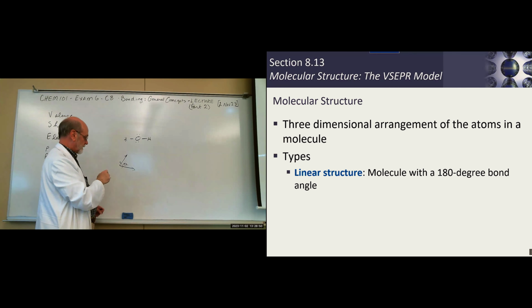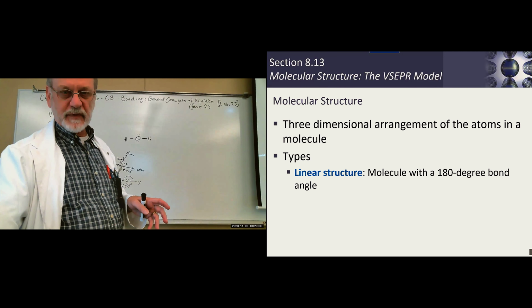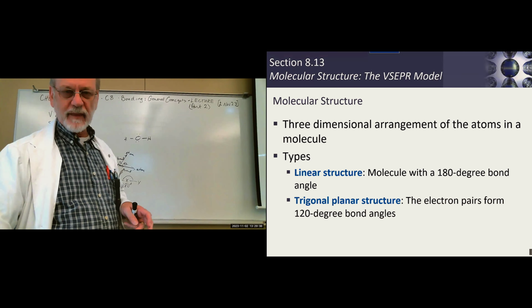That's one possibility. That's a linear structure where the bond angle is 180 degrees. In other words, this atom would be over here, this atom would be over here. And if it were like that, the bond angle will be 180 degrees. It's just that simple. So we're looking at regular geometric structures. Okay.